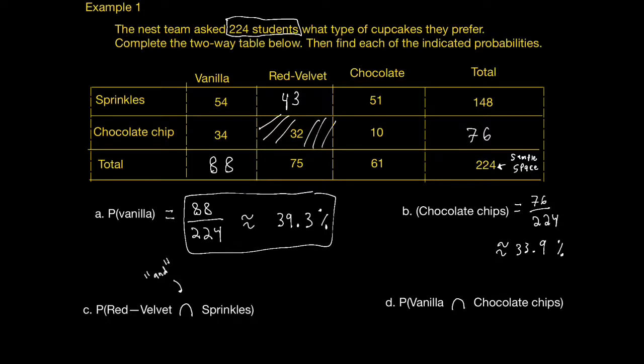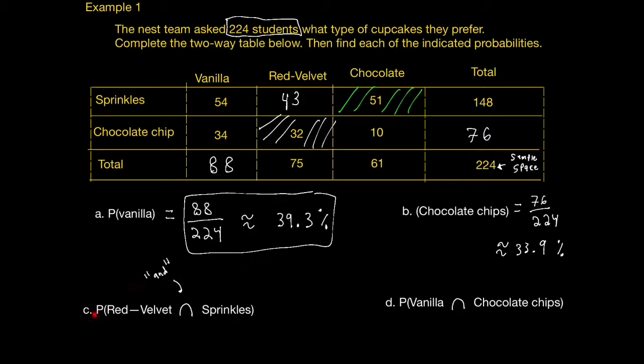Likewise, if we zoom in onto this 51 here, this 51 is the number of students that like chocolate and like sprinkles. Now these totals, that's just the total amount of students that liked vanilla, including sprinkles and chocolate chip. And here, for example, this 148 is the total amount of students that liked sprinkles in general.